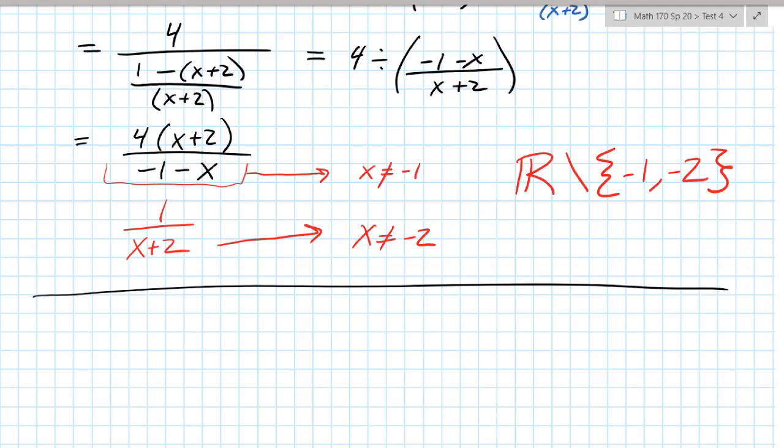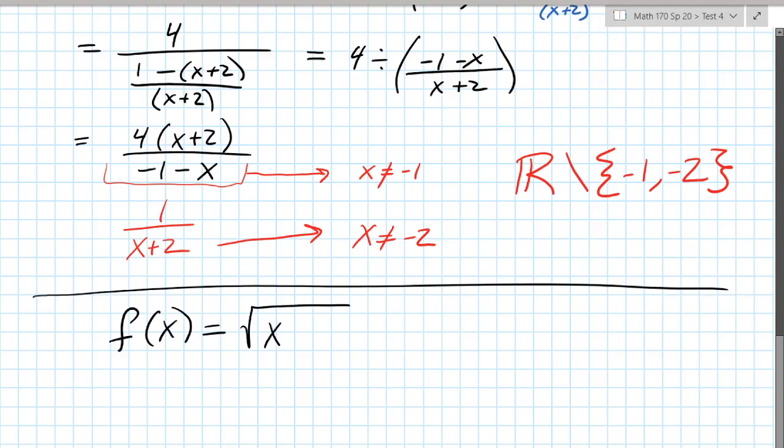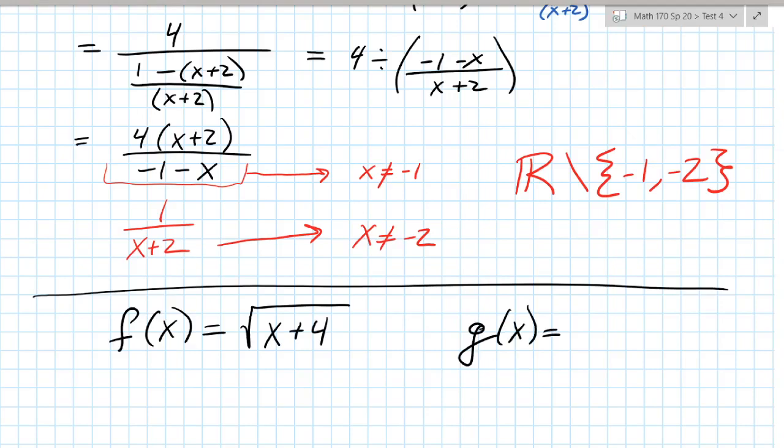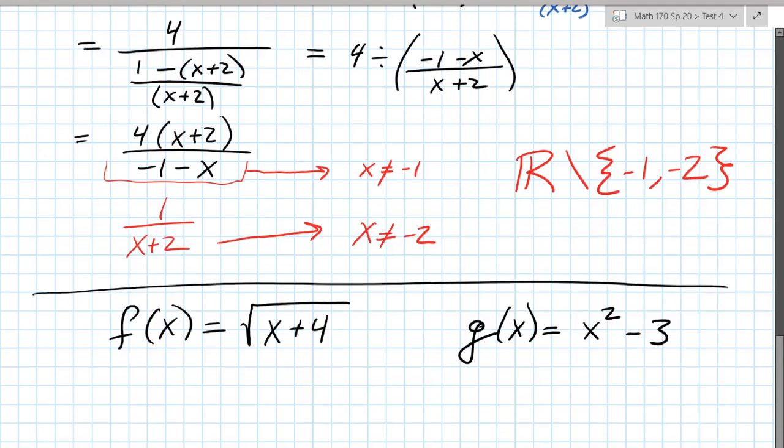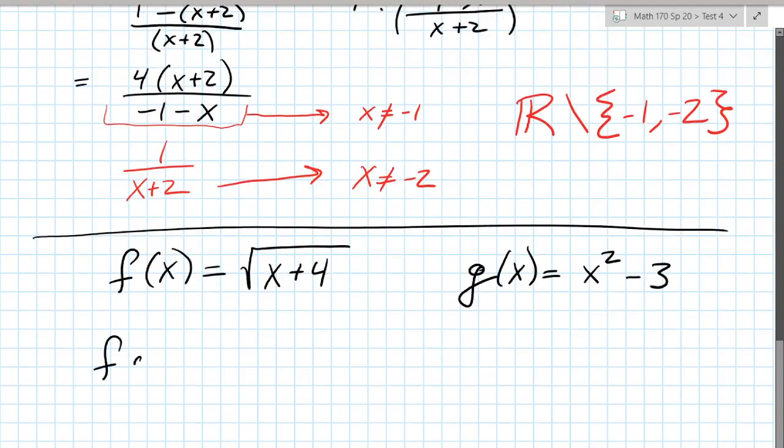So what if f of x is equal to the square root of x plus 4 and g of x is equal to x squared minus 3? So what is f of g of x and what is its domain?